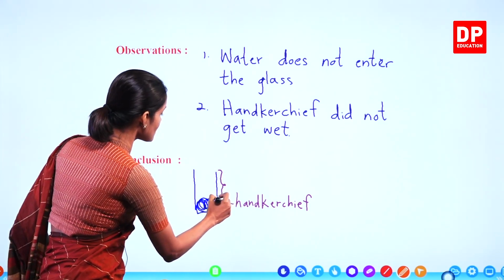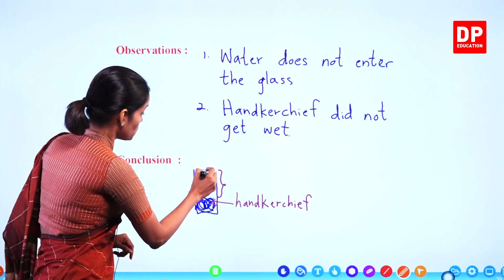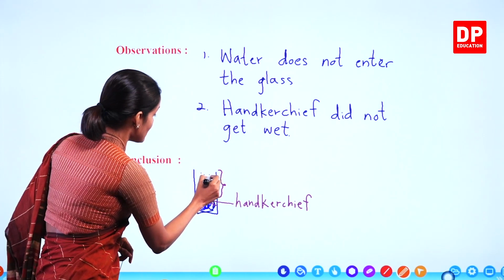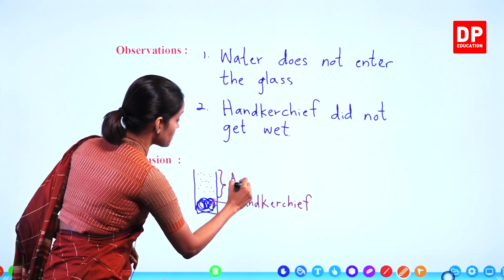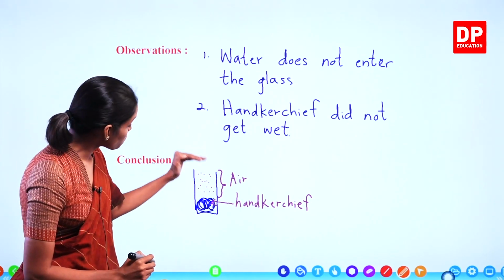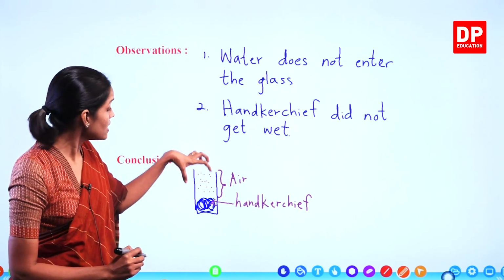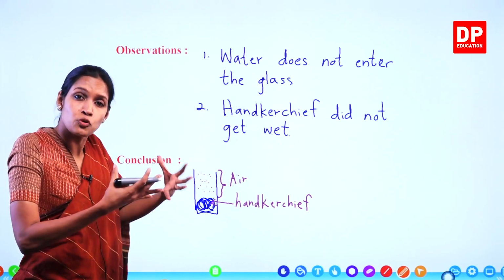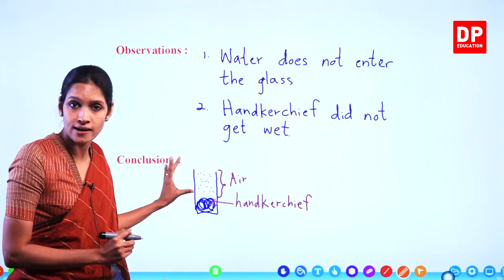What about this space, children? Can you see there's anything? We can't see anything, right? But even though we can't see, there is air here. This entire space is occupied by air. So that is why when we immerse this glass vertically in water, this air won't let water go inside because this space is already occupied by air.